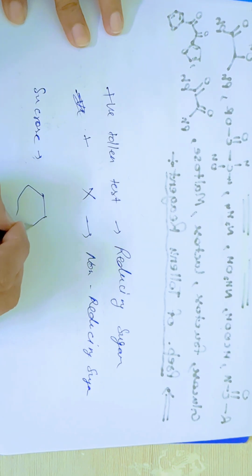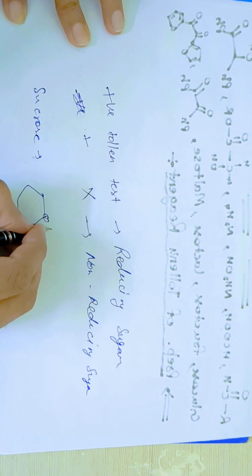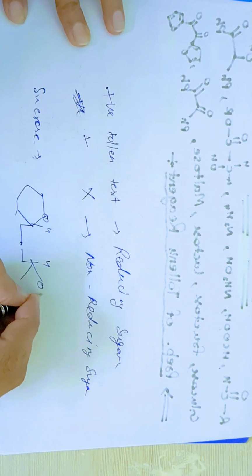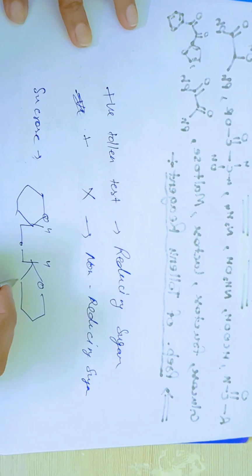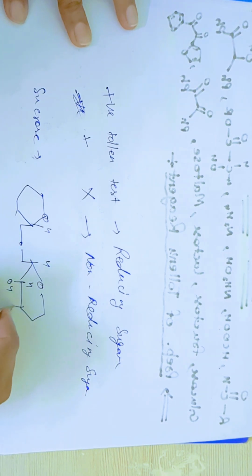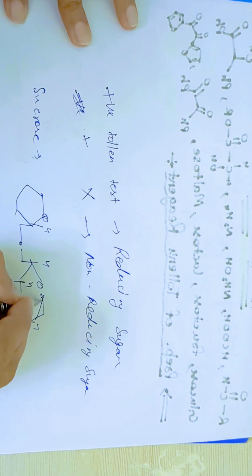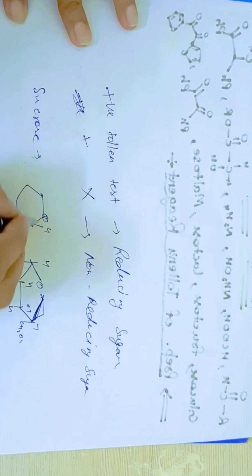Let me show you quickly. Now this is the structure of sucrose. Okay, sorry, here is a 5 carbon cyclic chain. Okay, cyclic.